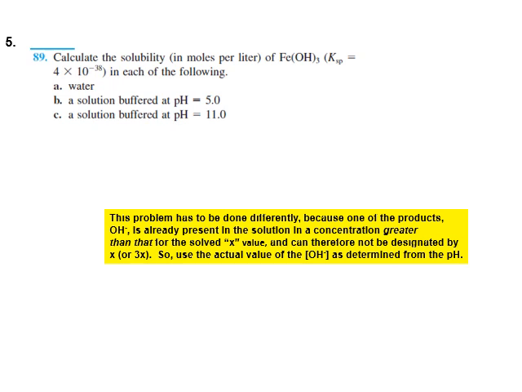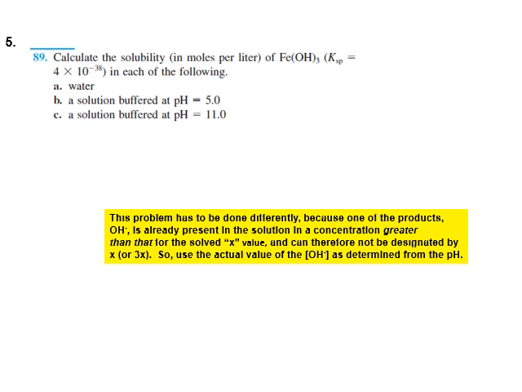So we're going to write KSP equals the concentration of Fe3 plus... okay, first of all, let me back up. The equilibrium expression will be Fe(OH)3, double-headed arrow, Fe3 plus plus OH minus, and there would be 3 of those, right?